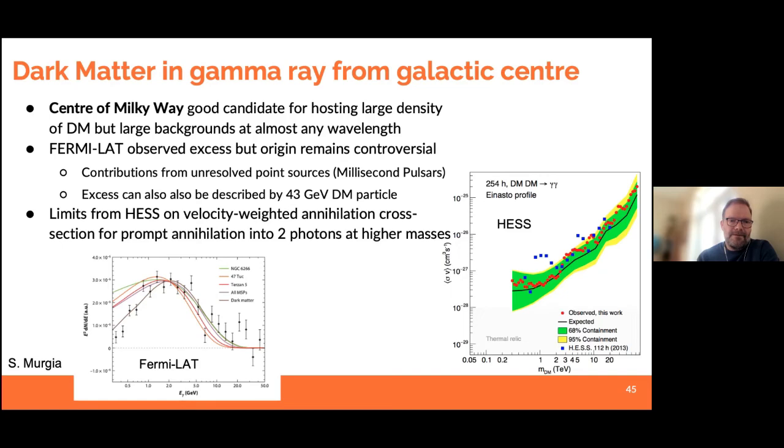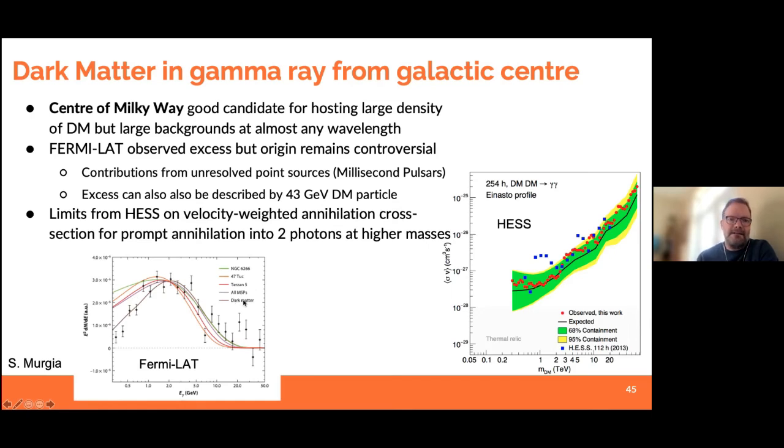What you see in this bottom left plot is the data of Fermi-LAT. This is just the excess plotted, the excess that is expected over this astrophysical background. And then you have different models fitted to this data.